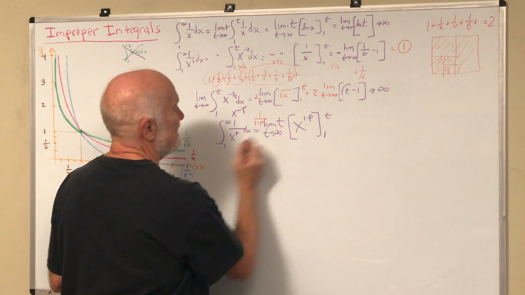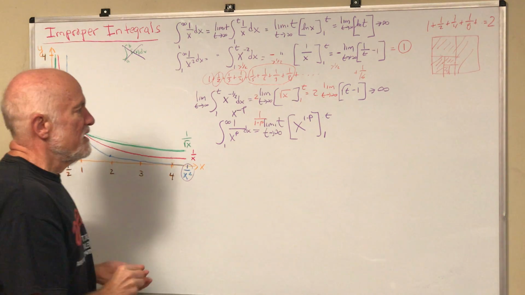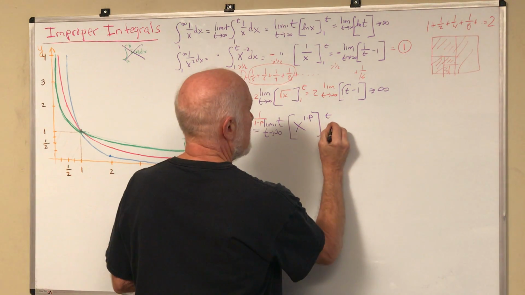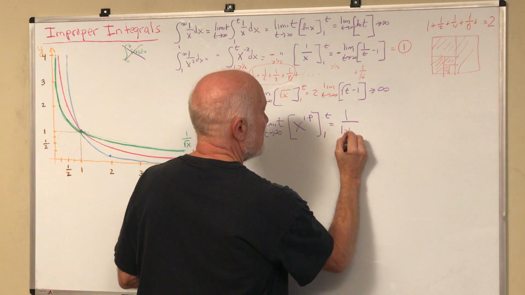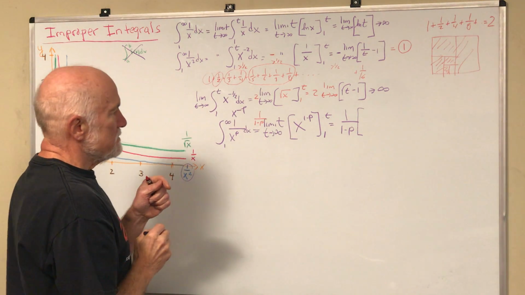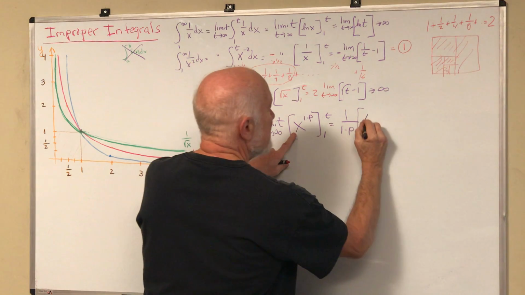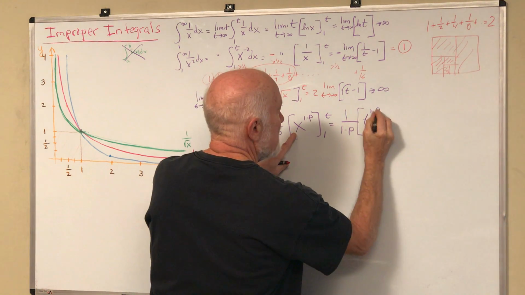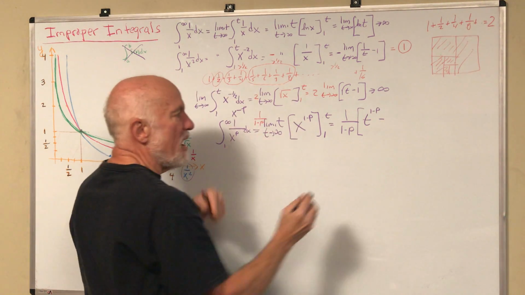And I can bring that right out front. So I get 1 over 1 minus p, and then I have t to the 1 minus p minus 1 to any power, which is just 1.